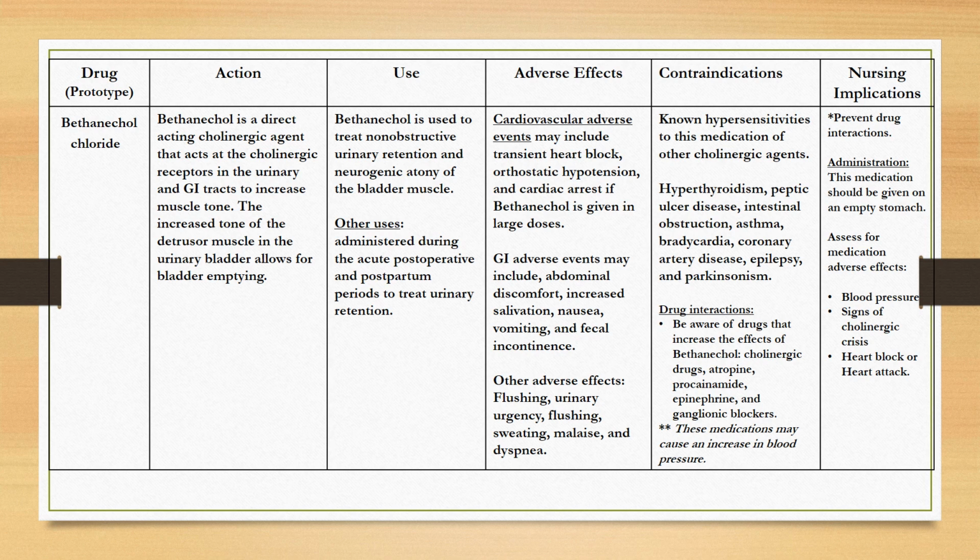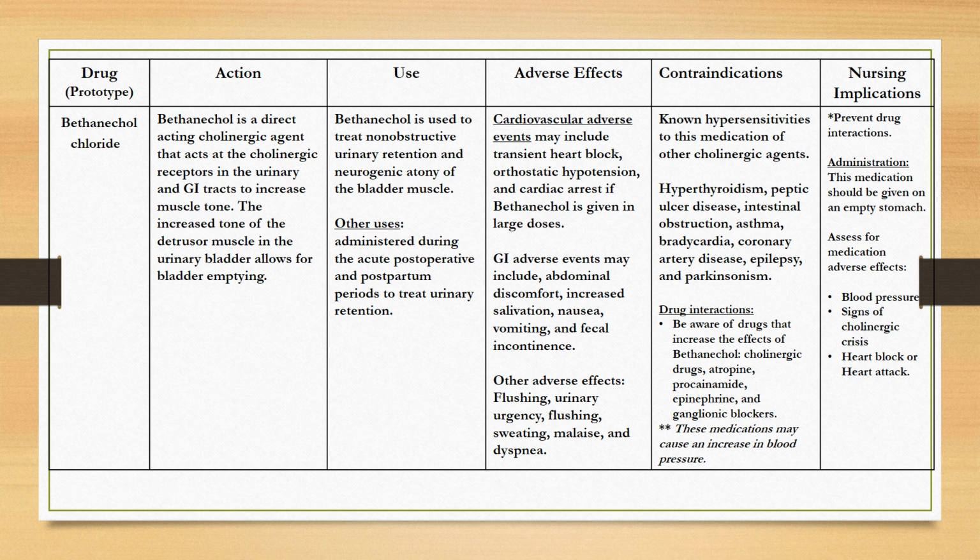And our contraindications for this are going to be any hypersensitivity, of course, hyperthyroidism and peptic ulcer disease, any kind of intestinal obstruction, asthma, bradycardia, coronary artery disease, epilepsy, and Parkinsonism. Those are some of our contraindications for this particular medication.